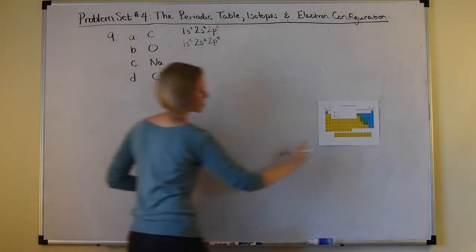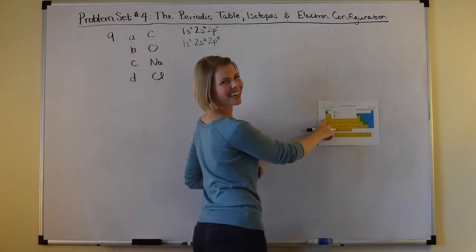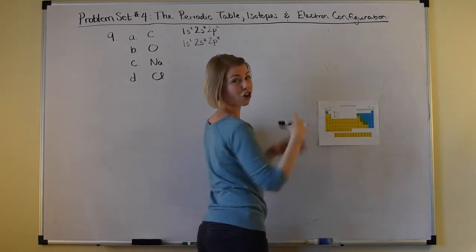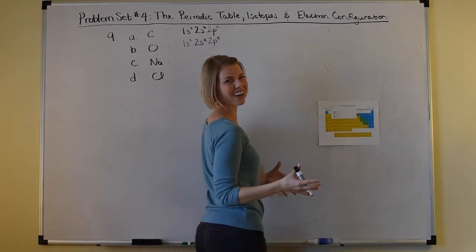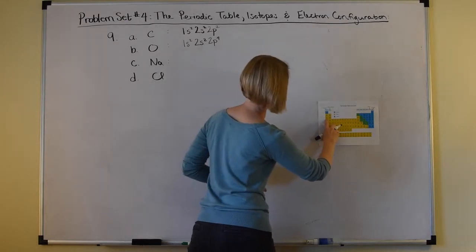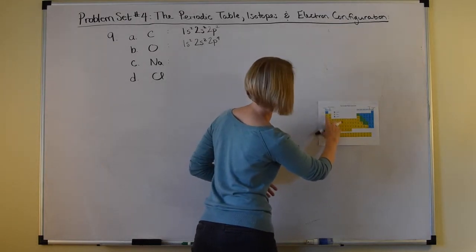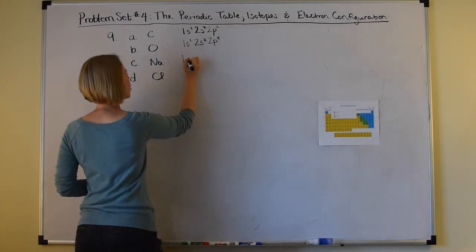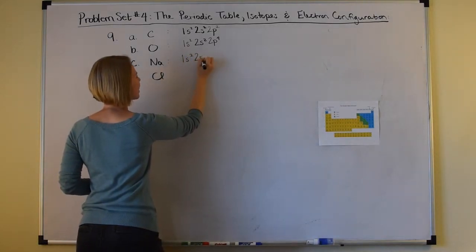Sodium. Going all the way down here. Okay. Aren't you glad we're not drawing those pictures of the energy levels and sublevels? That would be very hard to do. Thank goodness for electron configurations. All right, starting with hydrogen. 1s2, 2s2.